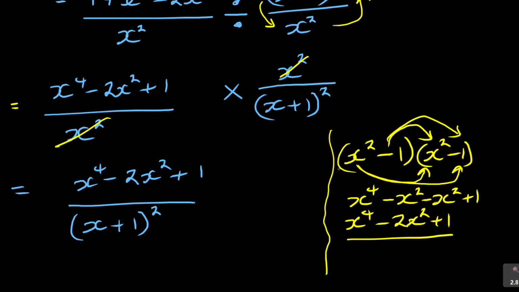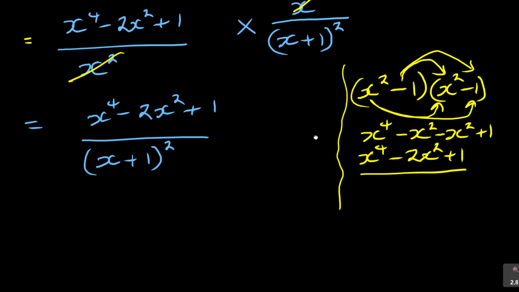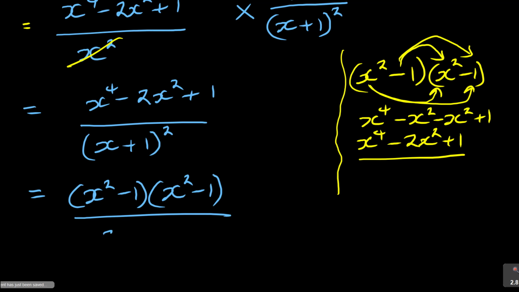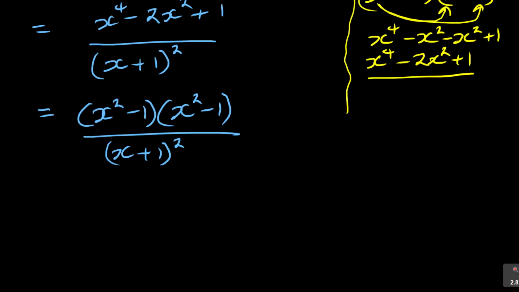You look at this, it means they were just hiding it as what? As x squared minus 1 and x squared minus 1. You see, then over what? X plus 1 squared. Still not done, still confusing, but you continue. Equal to, now you always remind yourself, what is x squared minus 1?